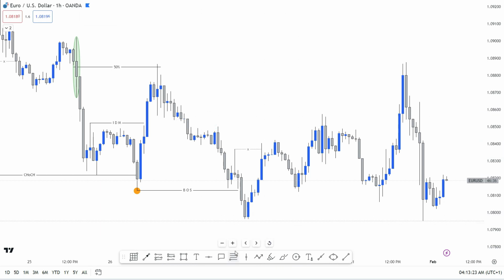Now after the inducement, what are we looking at? We are looking out for unmitigated zones. All right, so in this case, we just have to start from the top. Okay, let's say we have this as an order flow, for instance, of which is not that accurate.